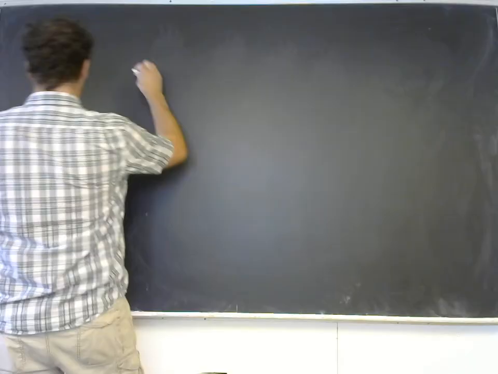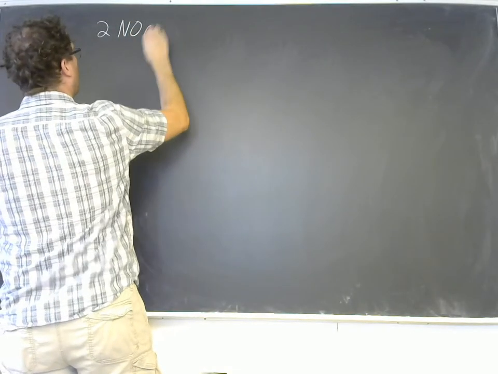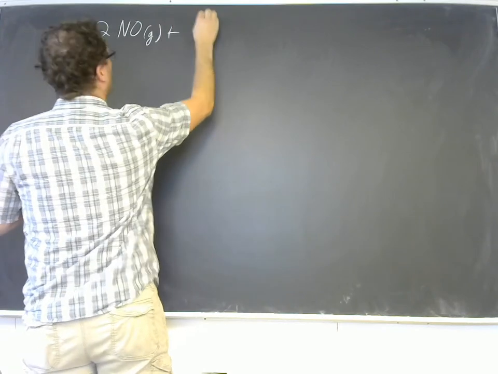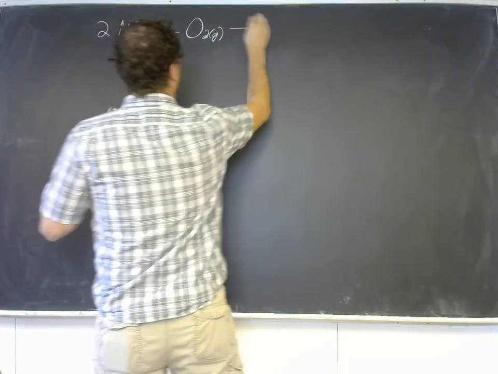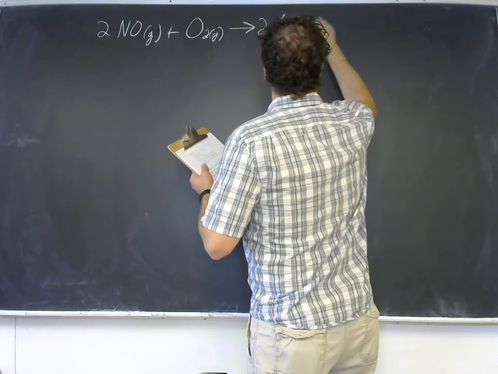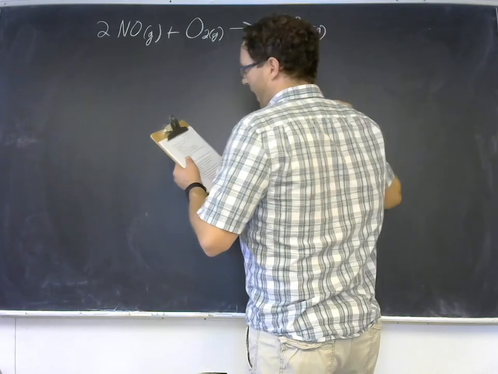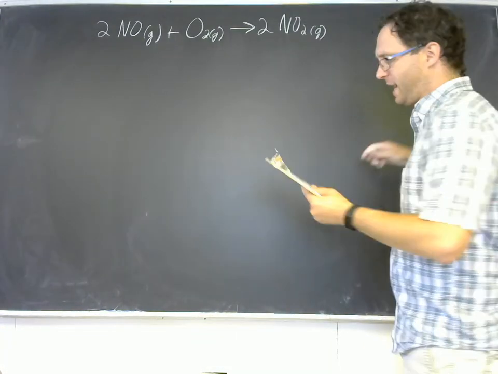So here we have 2 NO gas plus O2 gas. That's going to form 2 NO2 gas. And we can observe two things about this reaction experimentally.